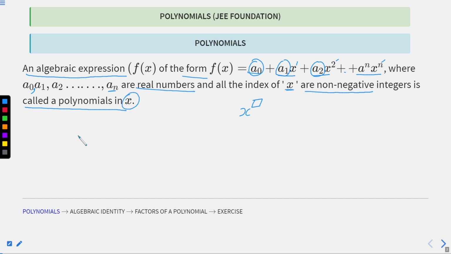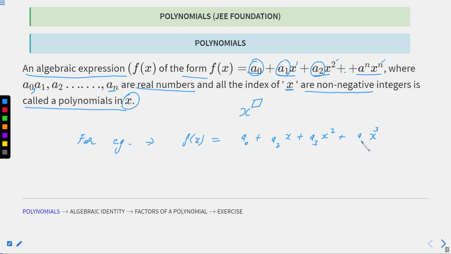If you see another example, this is my polynomial: a naught plus a2 x plus a3 x square plus a4 x cube.